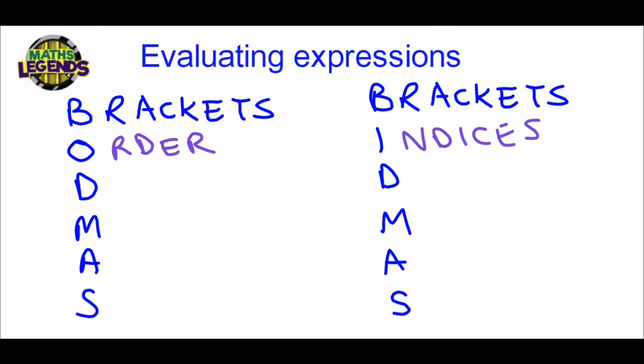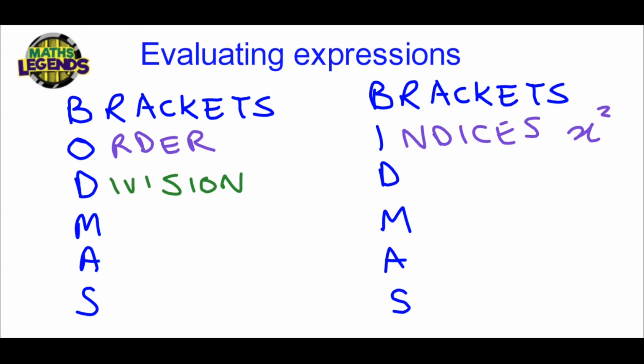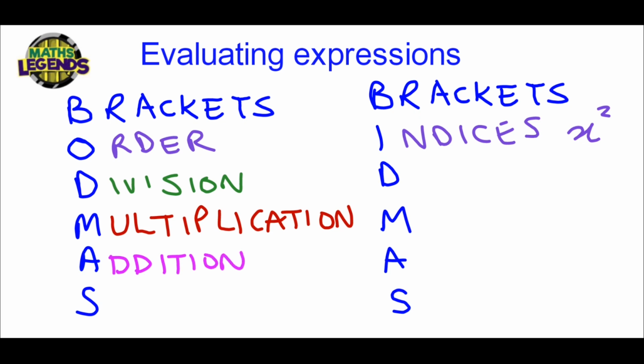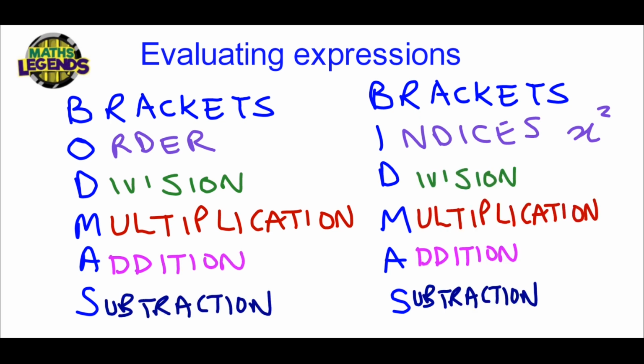So for example here it's x squared has the order 2, the indice value is 2. D stands for division, M is multiplication, A is addition, and S is subtraction. And these are the same for the case of BIDMAS.